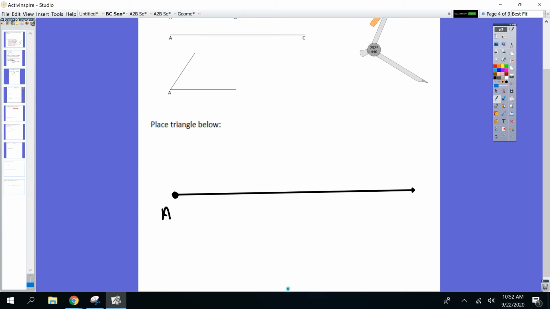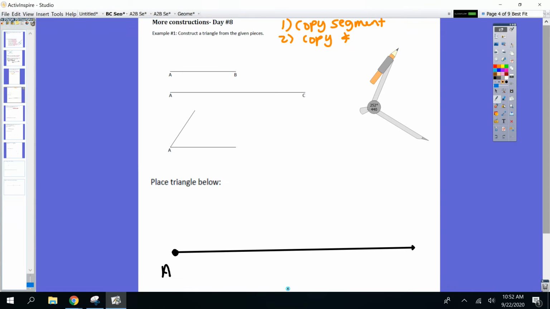Okay, what we're going to do first, we're going to copy one of those sides onto the ray. That was the first construction I showed you last week. So you have a decision to make. You can either copy AB or AC. You decide. It doesn't matter. Open up your compass to the size of AC or AB and copy it. Make the arc mark onto the ray.